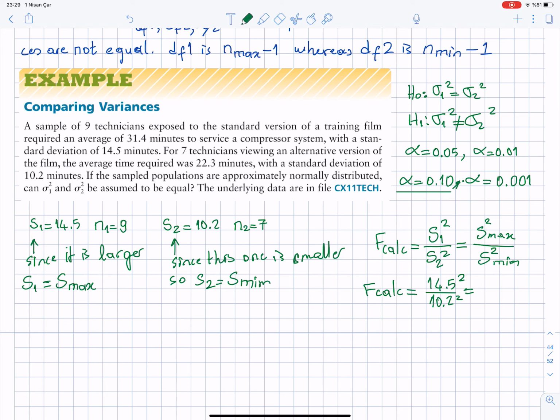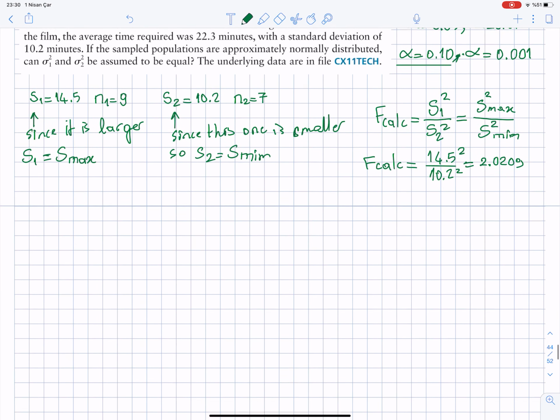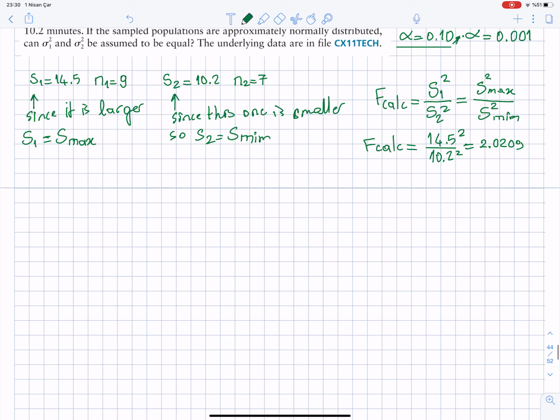I'm going to use my mobile calculator. The result is 2.0209, rounded to 4 digits. The last digit was 8573, which I rounded to 9.